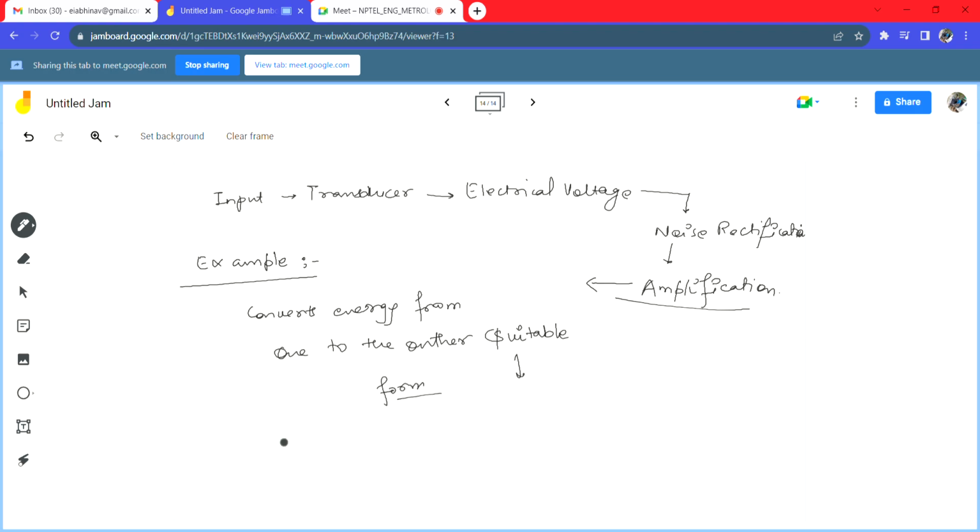Now, why do we call this suitable form? Because voltages and currents are easy for us to pre-process and understand.